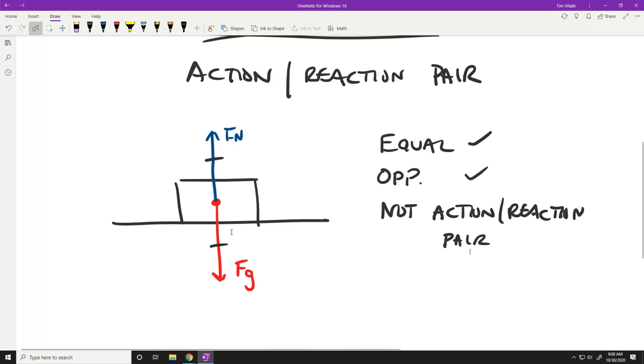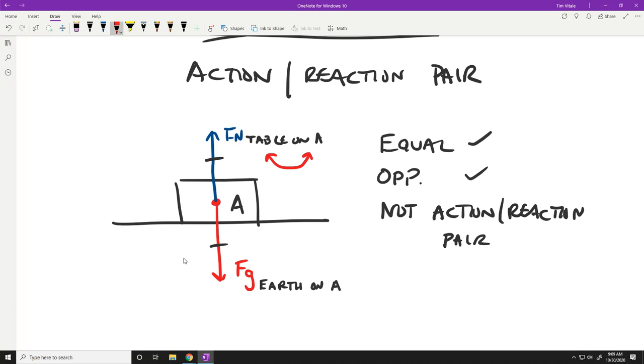And here's how I'd like you to understand that. Let's use a different notation for this. Fg is the force of gravity from the Earth on block A, Earth on A. And the normal force is the force from the table on A. In order to figure out what the reaction forces to those things are, it's very easy: switch the objects.